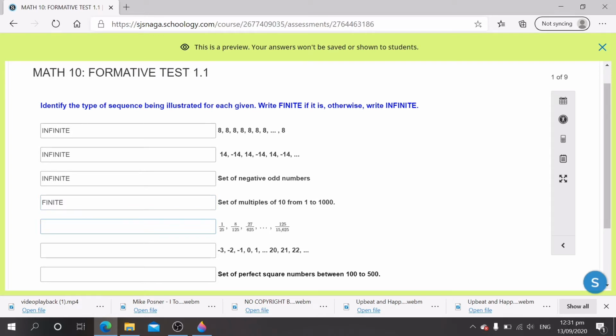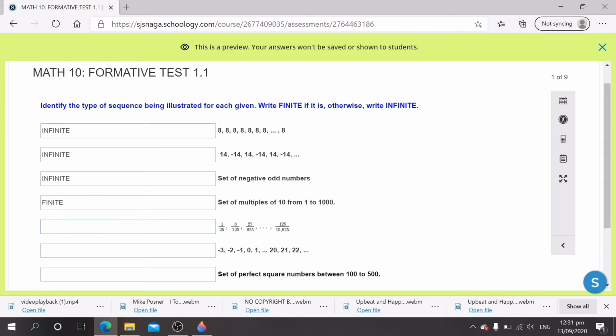Next is this fraction. 1, 8, 27, yung mga numerators natin, 64, 125, and 1/5, 1/25, 1/125, 1/625, 1/3125, 1/15,625 naman yung mga denominators natin. Now, sa numerators, observe na sila ay mga perfect cube numbers.